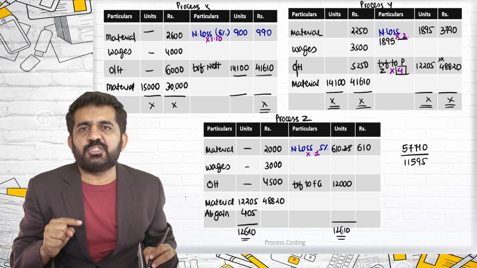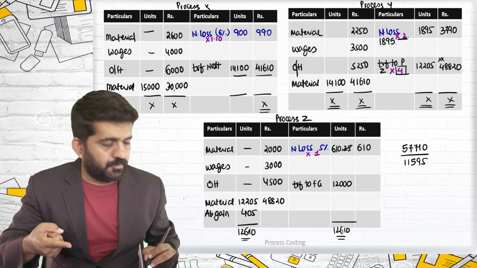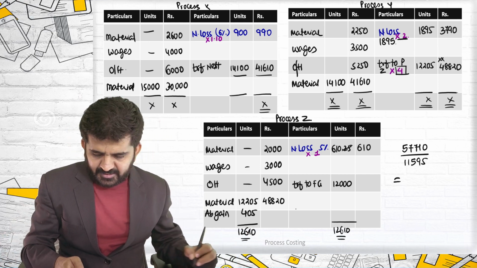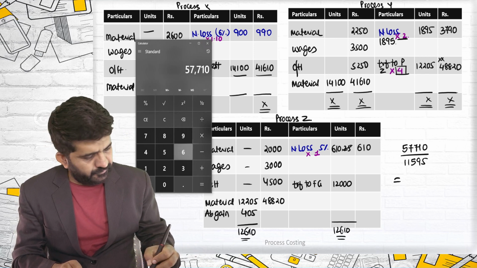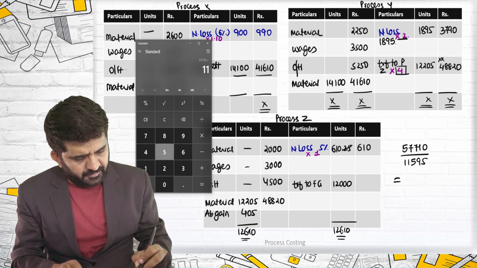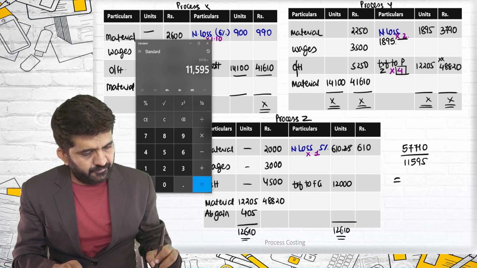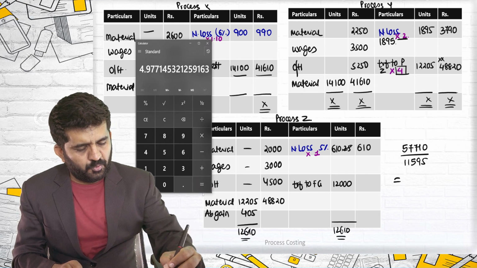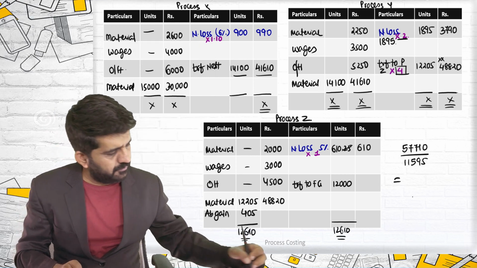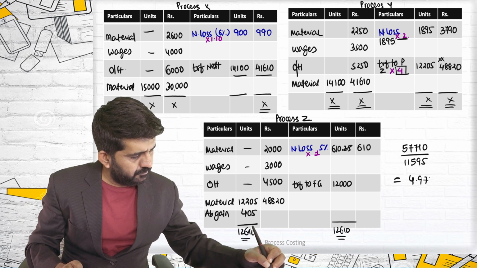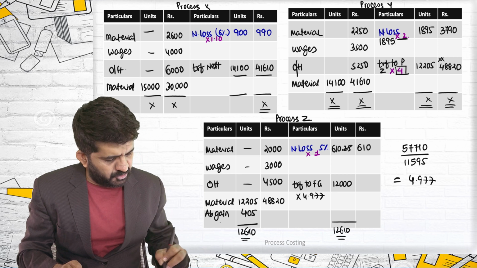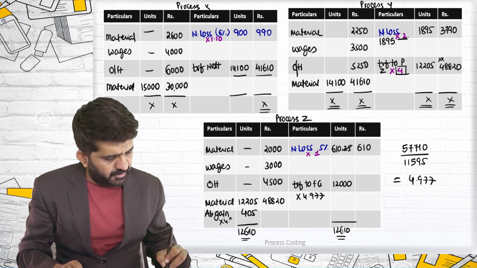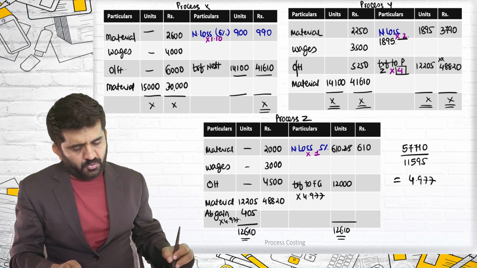Input minus normal loss is normal output. So NCNO will be 57,710 divided by 11,595, which is 4.977. This will be valued at 4.977 because it is valued at NCNO. Abnormal gain is also valued at NCNO.